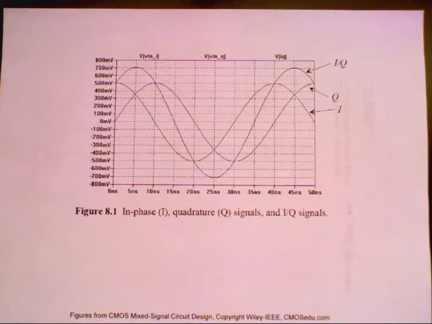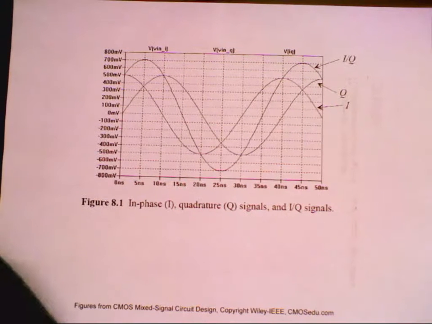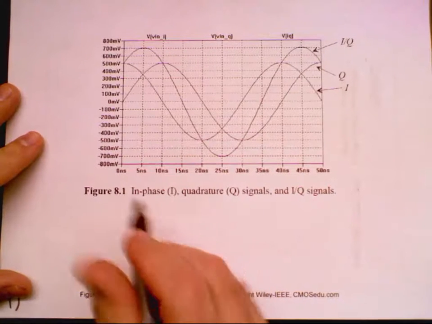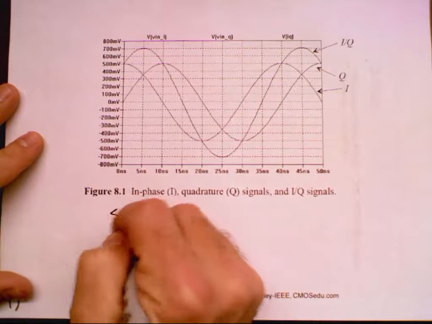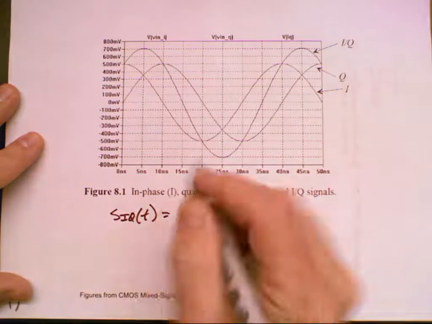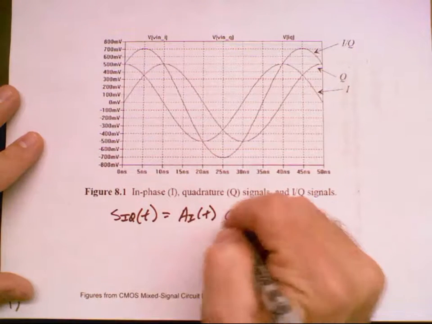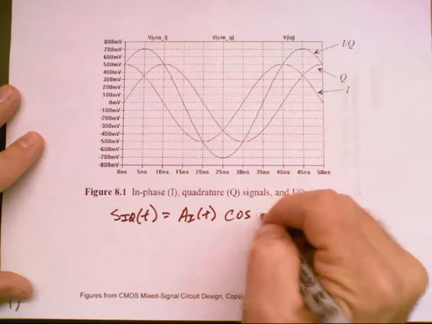Just real briefly, I wanted to review some IQ signals, which we covered earlier in the semester. Specifically, if you write an IQ signal like this, you can get AI of t times cosine of 2 pi fc.